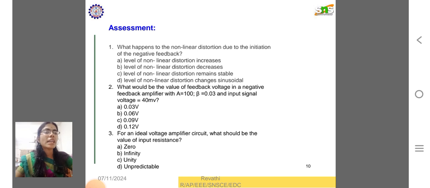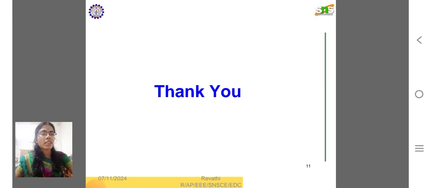What would be the value of the feedback voltage in a negative feedback amplifier with A equal to 100, beta equal to 0.03, and input signal voltage equal to 40 millivolt? 0.03 volt, 0.06 volt, 0.09 volt, 0.12 volt. For an ideal voltage amplifier circuit, what would be the value of input resistance? 0, infinity, unity, unpredictable. Comment the answer in the comment section.